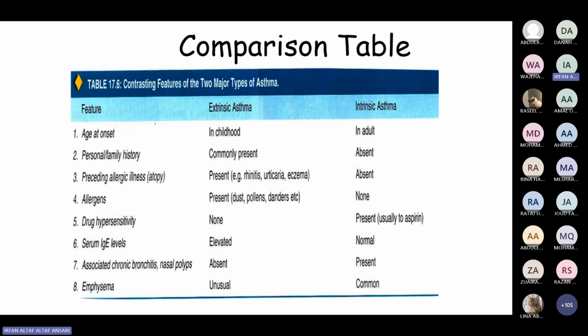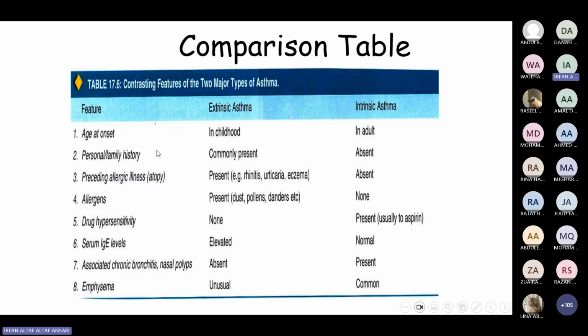So the major differences between atopic and non-atopic asthma: usually extrinsic is atopic, intrinsic is non-atopic. Age at onset is in childhood for atopic, usually in adults for non-atopic. Family history is commonly present here, while in the other it is, most of the time, absent. Atopy, some other allergy to some food or some type of cloth, will be present here, and symptoms like urticaria, eczema, rhinitis, running nose will be there, while allergies are absent in intrinsic asthma.